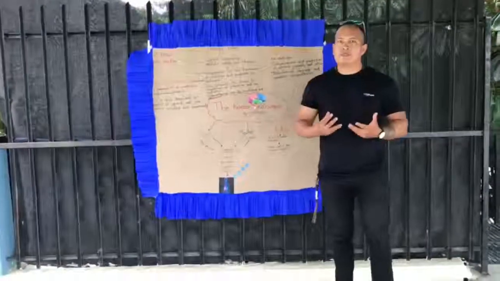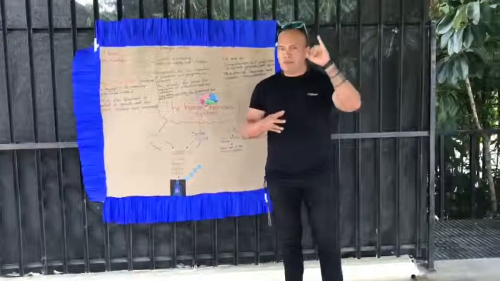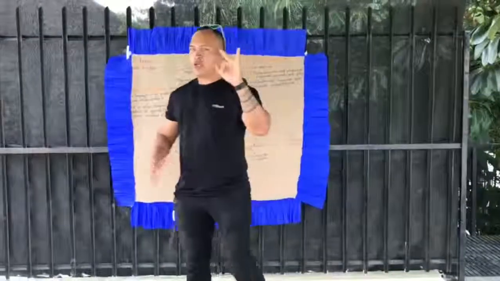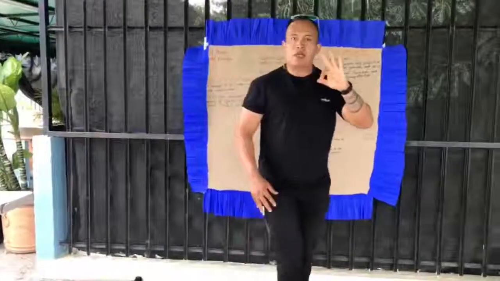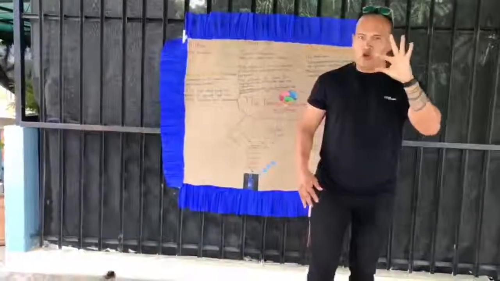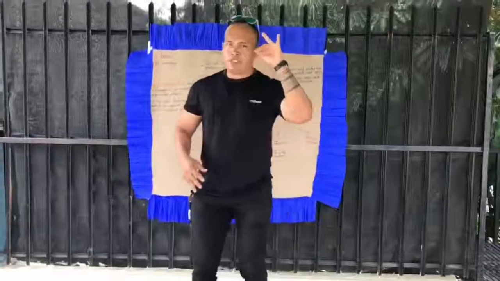The human nervous system has 4 components: 1, brain; 2, spinal cord; 3, nerves; and 4, sense organs. The first and the second, the brain and the spinal cord, create what is called the central nervous system, CNS.